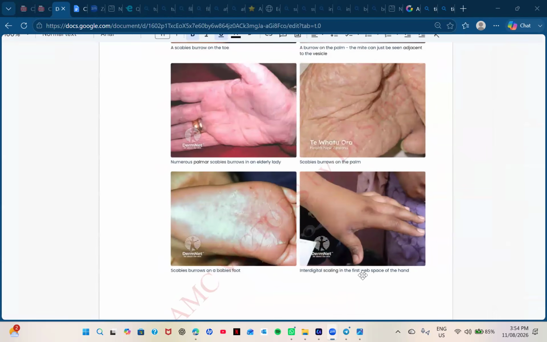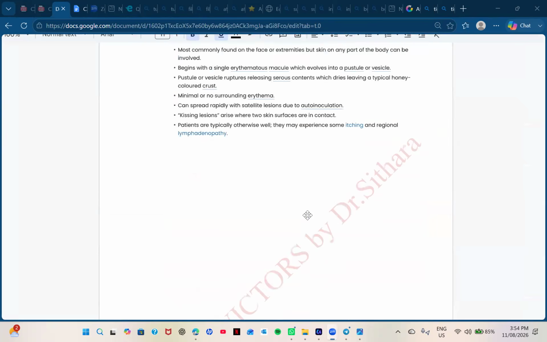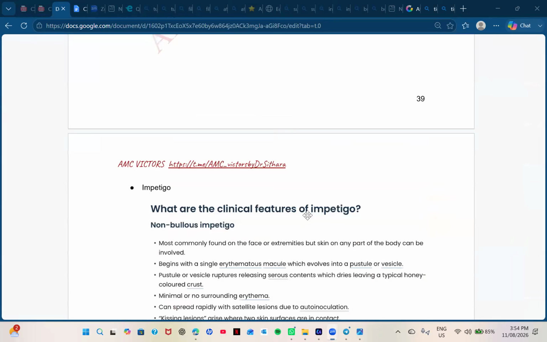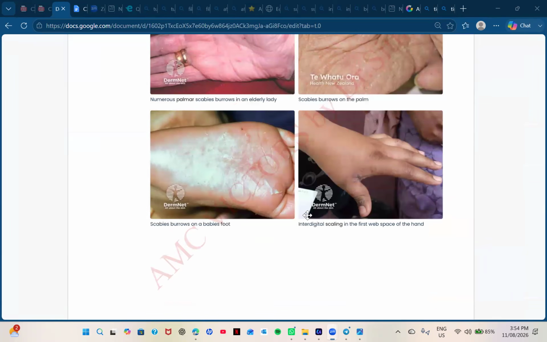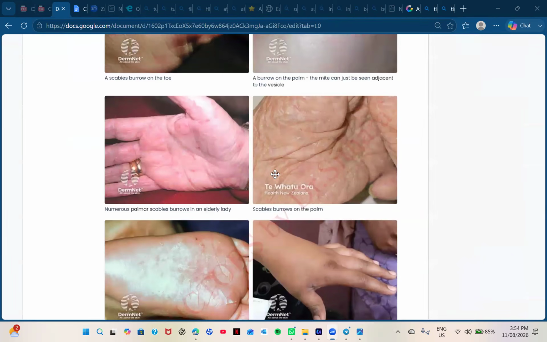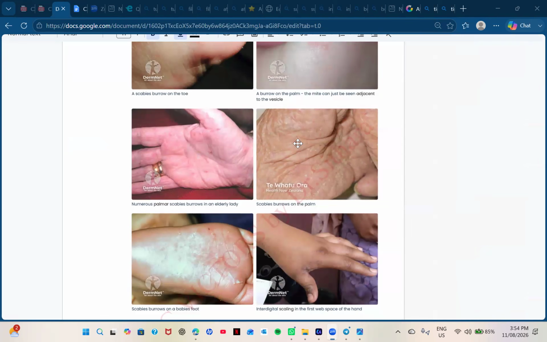And other than that, the patient's lesions can be associated with scaling and itchiness, and those things can be present with scabies. So other than that, what are the features? Nocturnal itchiness, right? Then what else? Tell me, doctors, what is the typical presentation of scabies?